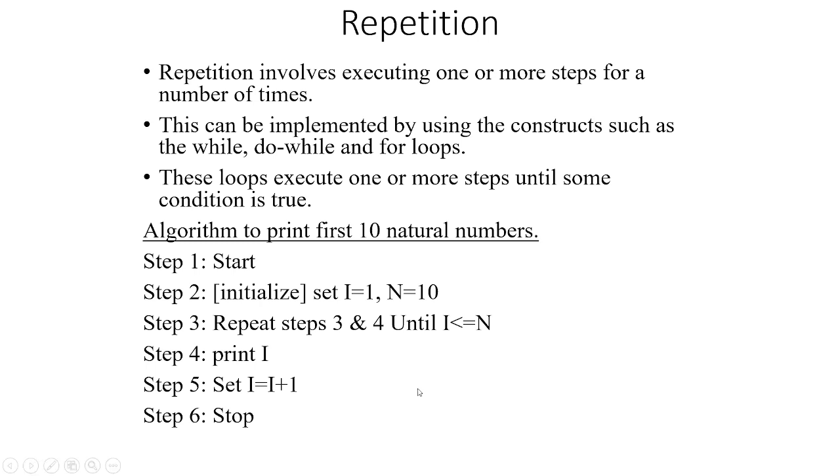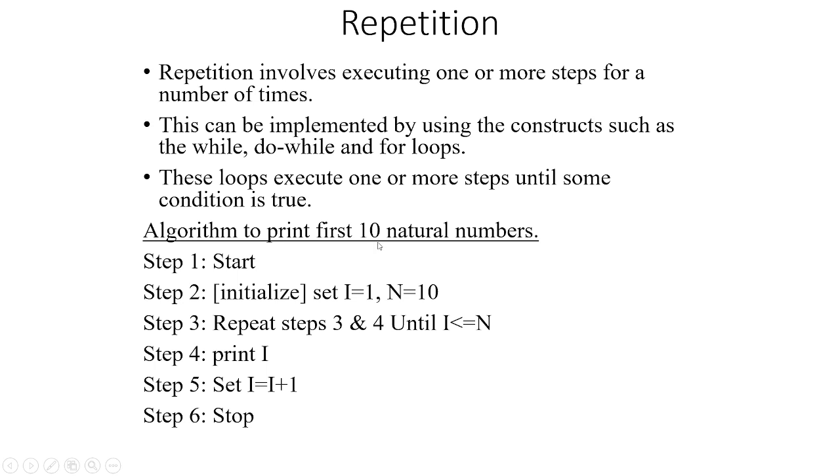So here, because I have to repeat the work, I am using three points. That is, for a looping variable, I am initializing, say, I is equal to 1. And where to stop the repetition, for that I wrote a termination condition for the looping variable, that is I less than or equal to n, where n value is 10. Why?